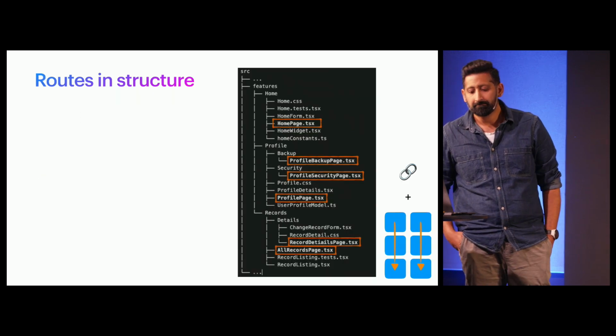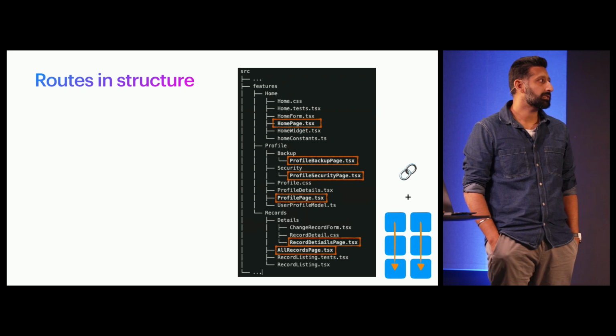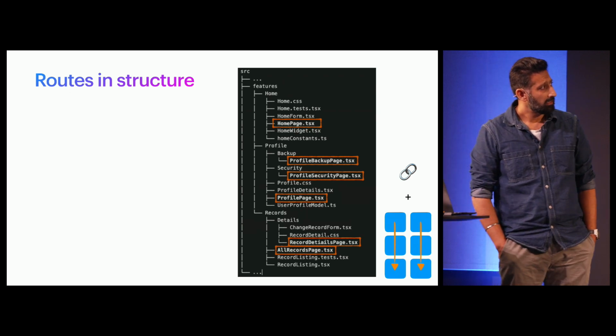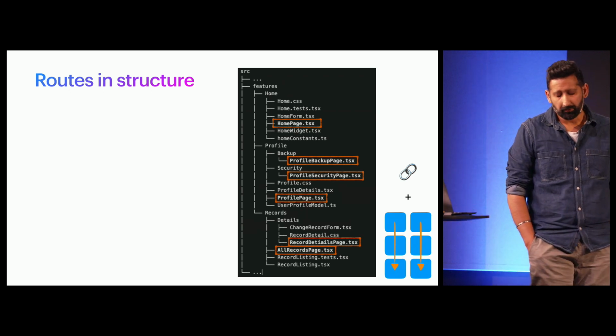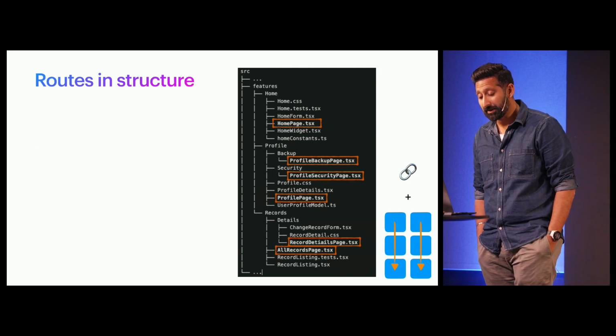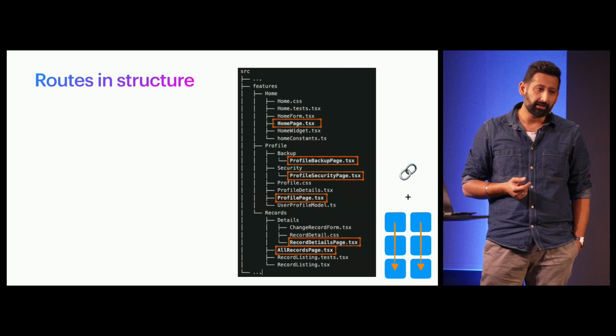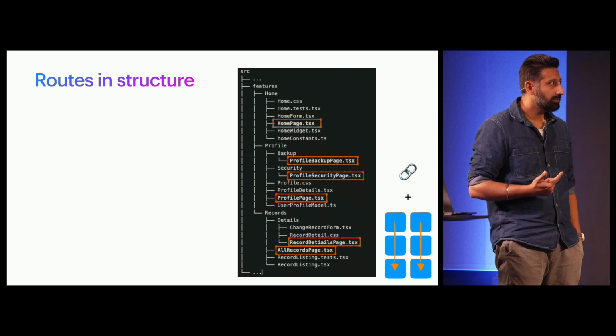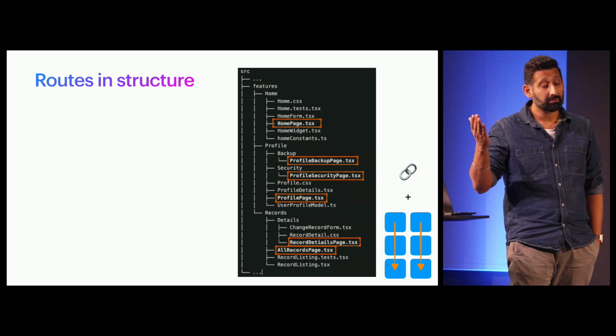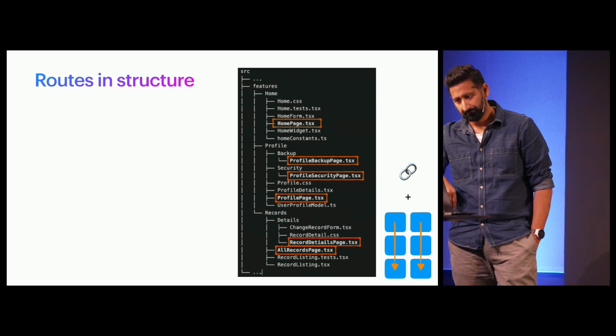So as a bonus to this feature structure, something I've had a lot of joy using in the applications I've built is bringing the routes, basically the URLs of the application, straight into your structure.